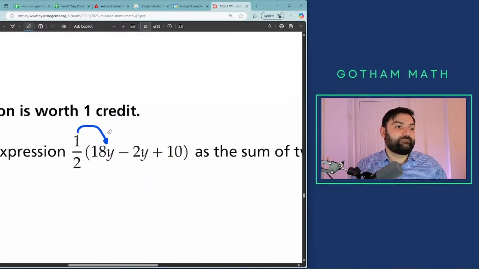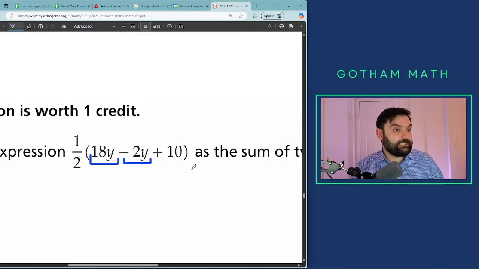But you have like terms right inside. So why not just smoosh these two together and then do distribution? And you're going to have to do one distribution less. So it's going to be 18y minus 2y, 16y. So we're going to rewrite everything, but we're going to put 16y there.